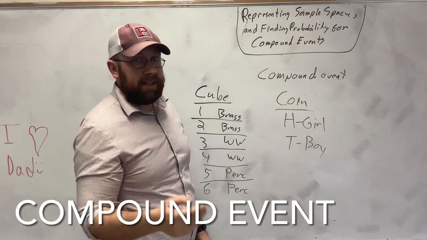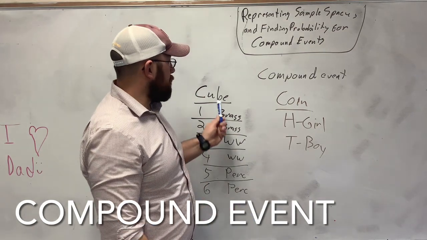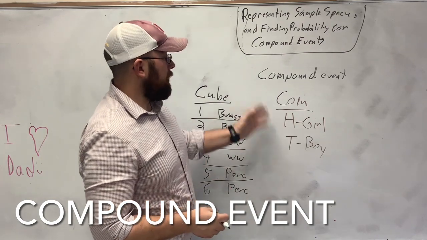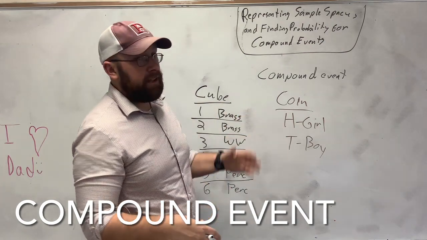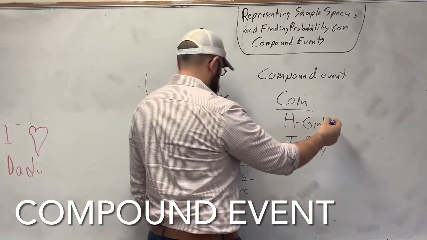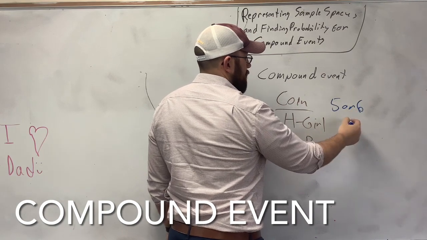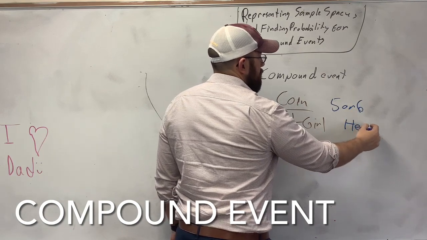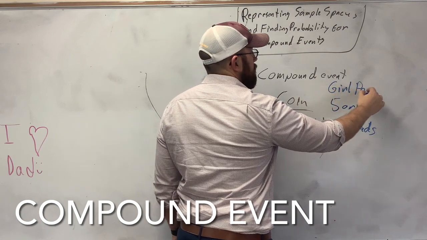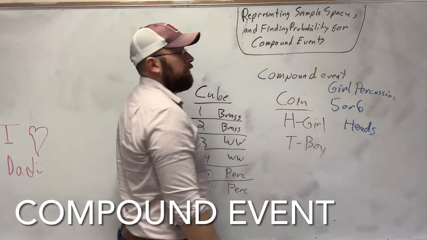We'll go with what it says in the lesson. We'll say I simulated this whole thing 20 times. I flipped a coin and rolled a cube 20 different times. So 3 of those times I got a 5 or a 6 and a heads, which will be girl percussion.